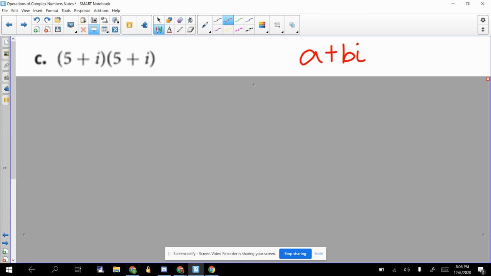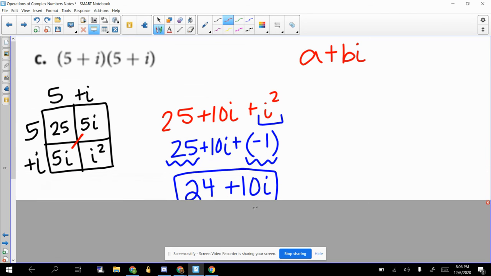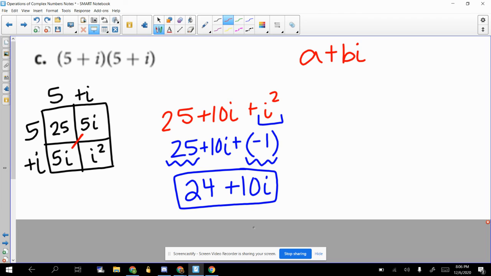Okay, so hopefully you paused the video, and here is the work for this one. If you FOIL or box method, you should be getting 25 plus 10i plus i squared. Then plug in the negative 1 for i squared. So 25 plus negative 1 is 24 plus 10i. So this is your final answer here.